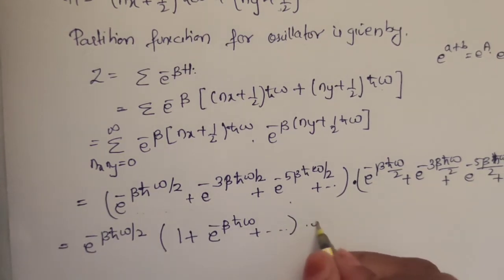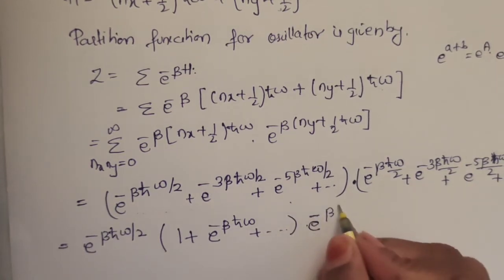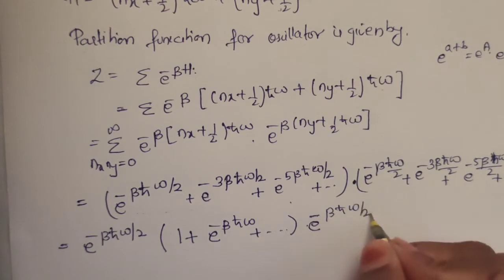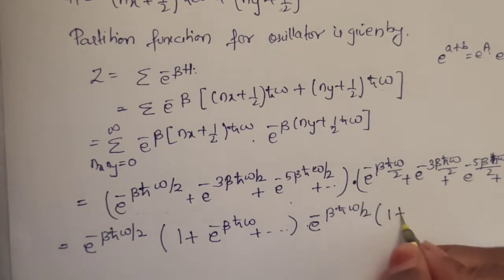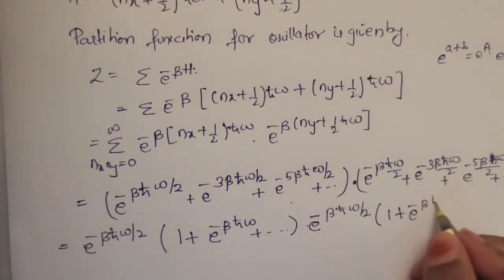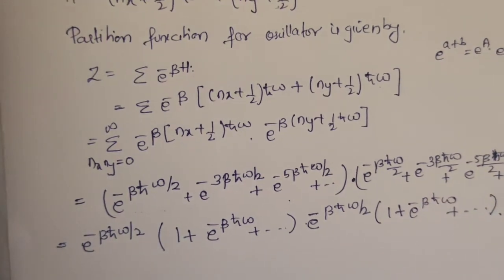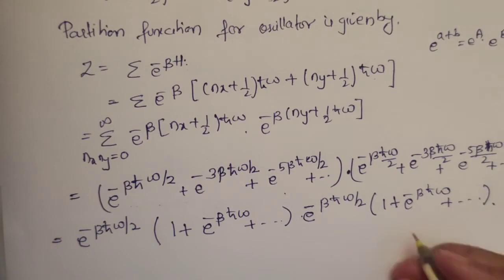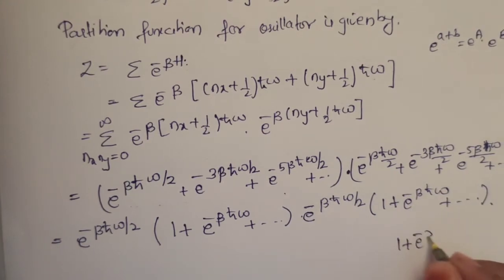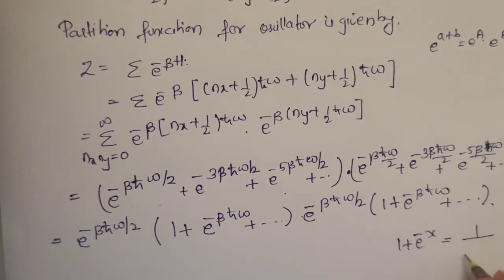Similarly, from the other term I can take e to the power of minus beta h cross omega by 2 as a common term, and the remaining value will be 1 plus e to the power of minus beta h cross omega, and so on. Here we are all familiar with the formula that 1 plus e to the power of minus x plus and so on will be 1 by 1 minus e to the power of minus x.